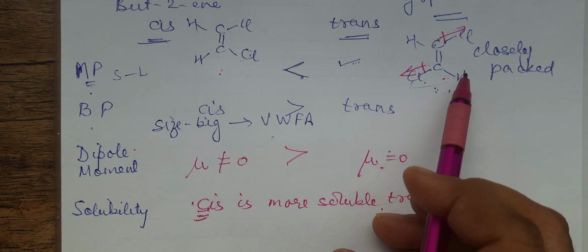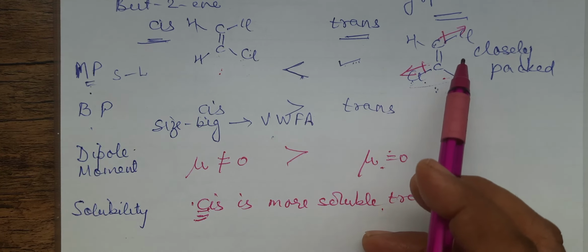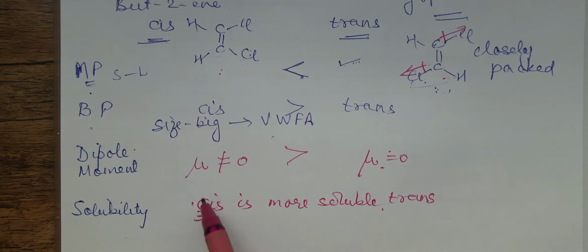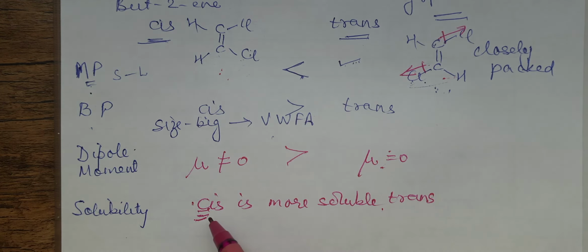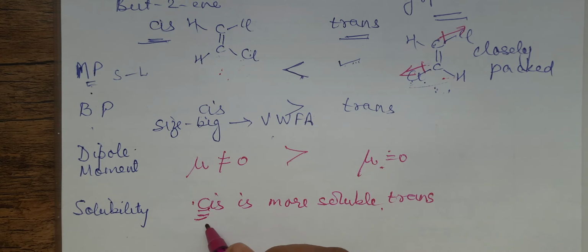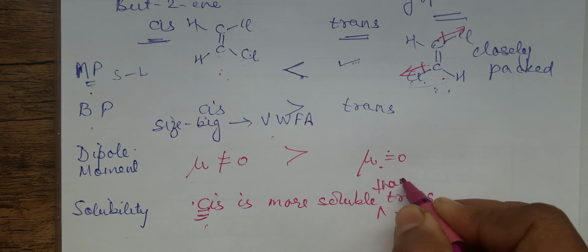More packing means it is less soluble, because it is difficult to separate them out. So this one is less symmetrical. Less symmetrical means loosely packed, and loosely packed means comparatively more soluble. So the cis isomer is more soluble than trans.